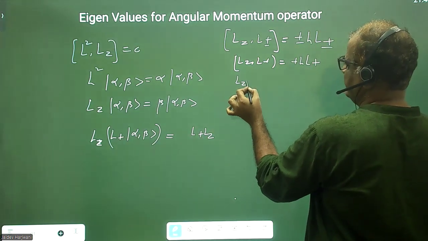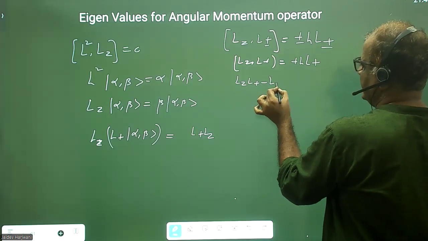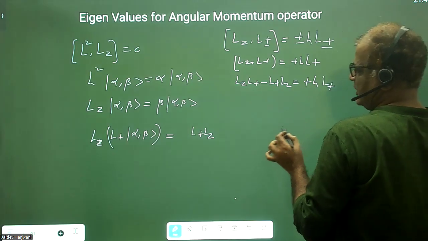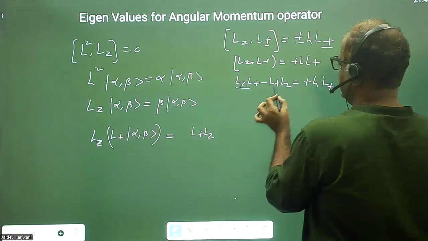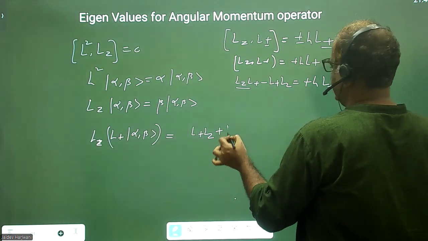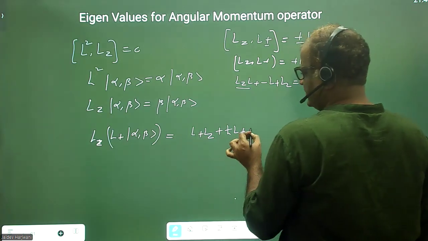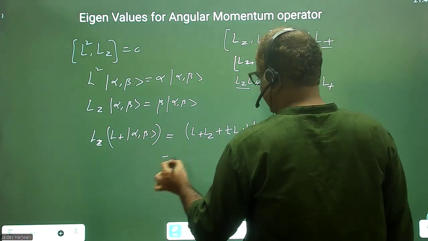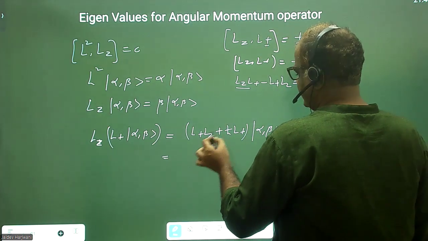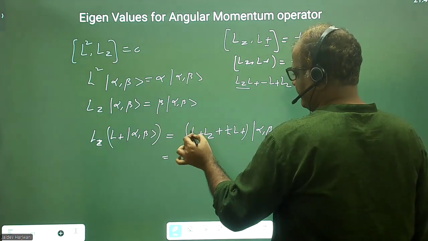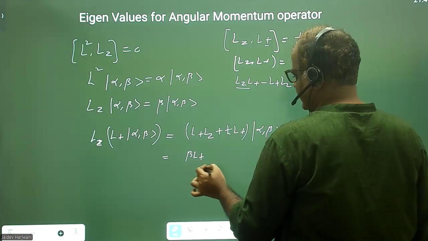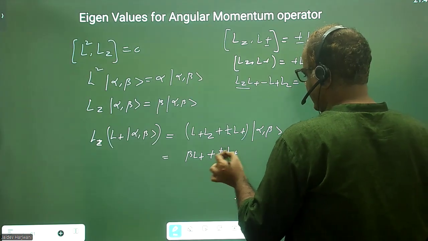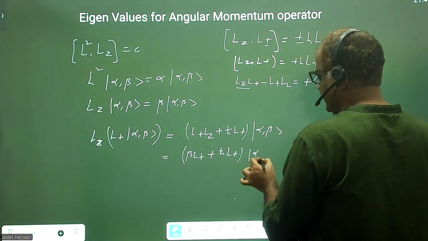This commutator says Lz L plus minus L plus Lz is equal to plus H cut L plus. So Lz L plus will be equal to L plus Lz plus H cut L plus. Now I operate this on the state alpha beta. Lz operates on alpha beta and gives beta, so this becomes beta L plus, and the other term is H cut L plus, with the same state alpha beta.